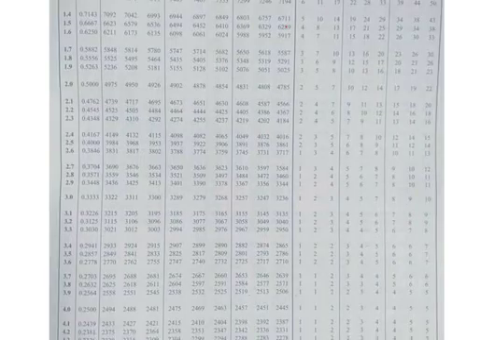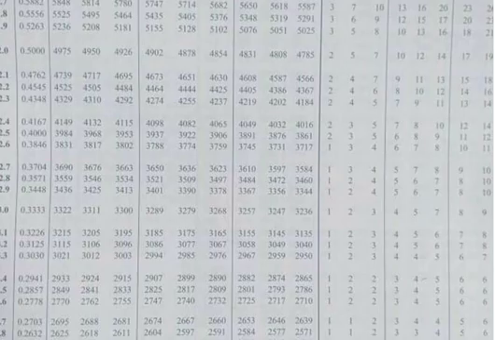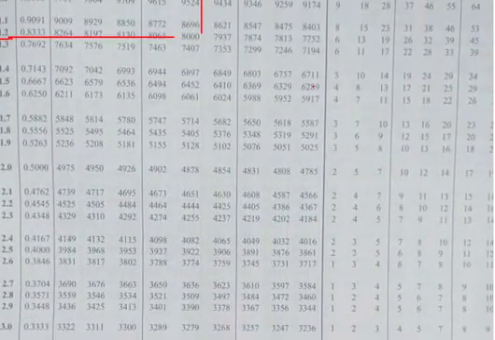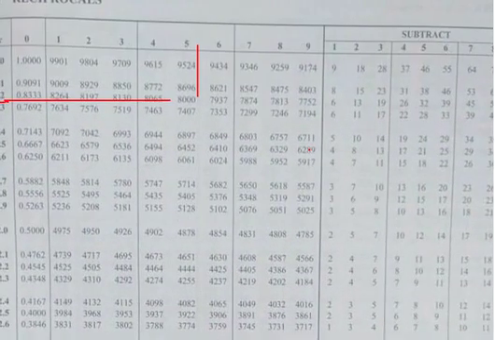Then we go to the column labeled 5, because our next digit is 5. Moving downwards, they coincide at a number which is written as 8000.